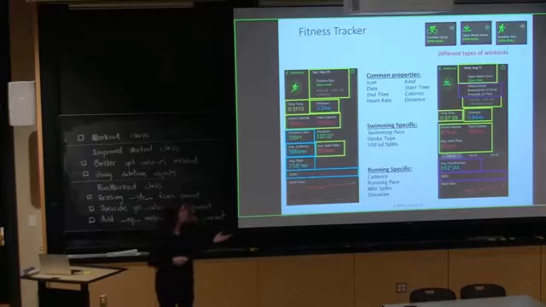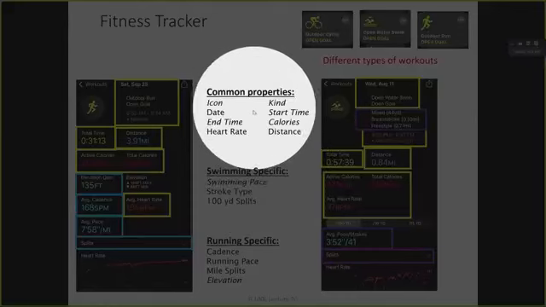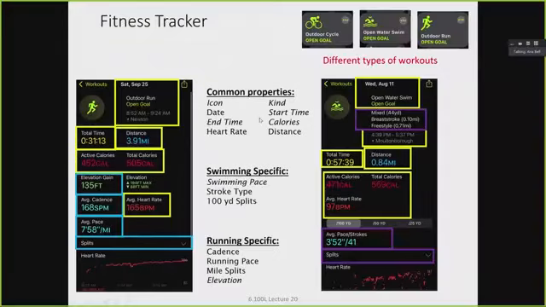And for running, we might want to show the user the cadence, the running pace, the mile splits, and maybe the total elevation throughout that run. Right? But the idea here is that we have some core set of properties that no matter what kind of workout we're creating, we would like to save, and we would like to allow the user to store and to do operations with.